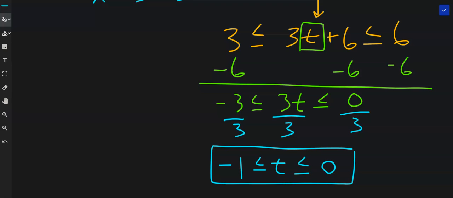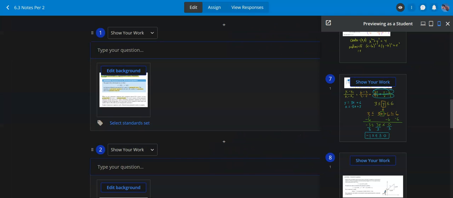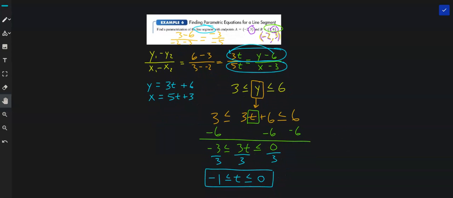And if you had used the x equation, you would find the exact same result. The only difference is, since Ms. Pachka chose the y's, I went up there and I picked the 3 and the 6.